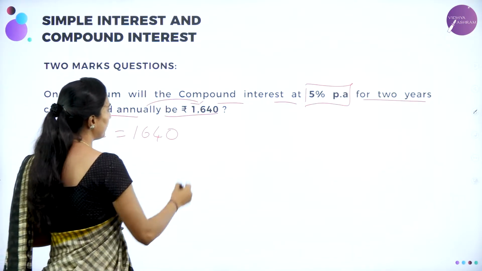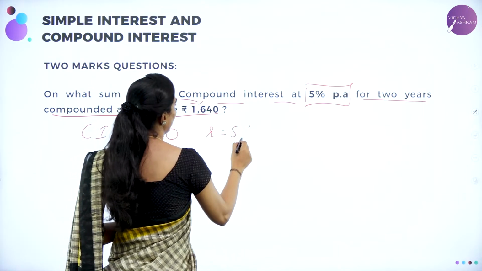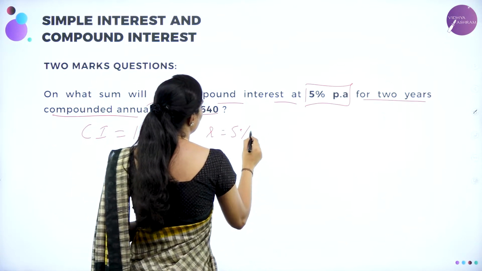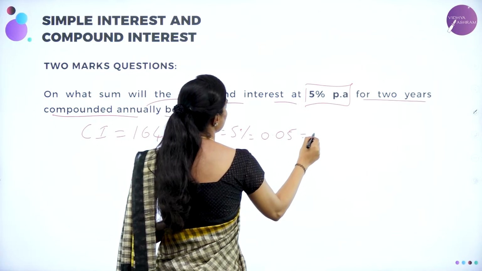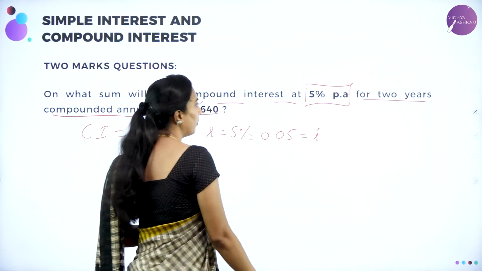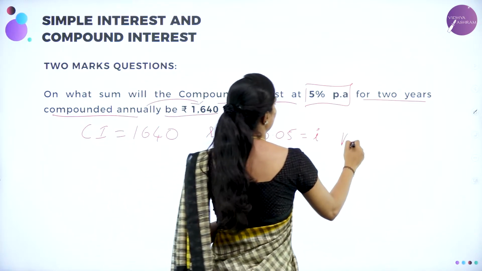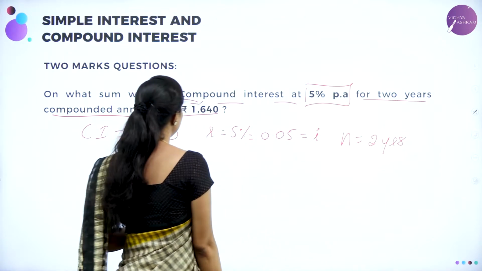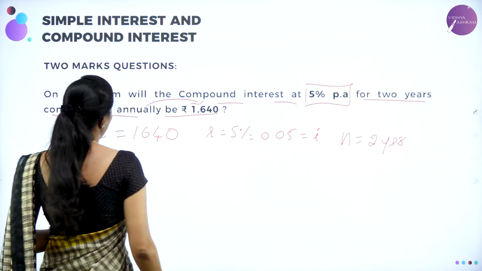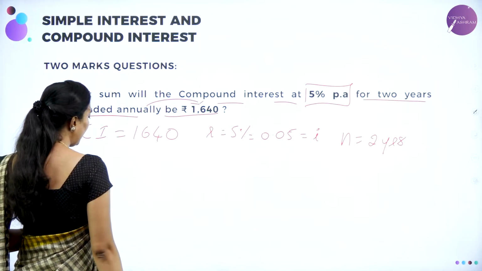So 5% per annum means R is equal to 5%, which is equal to i, that is 0.05, which is nothing but i, correct? For 2 years, n is equal to 2 years, correct?